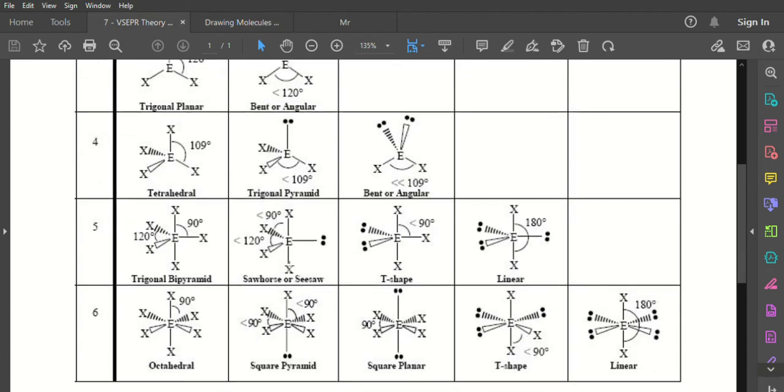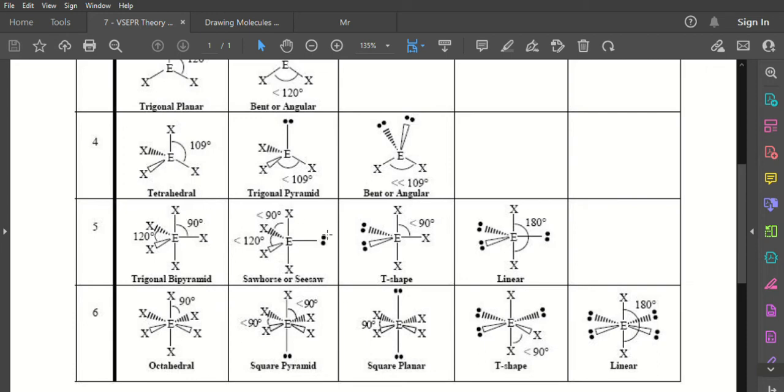Things get crazier when we get to 5 or 6 electron groups. So we saw this written in a sphere and it made it a lot easier to look at. But here are your axial bonds going up and down, and these ones are the equatorial ones. And so we've got 2 different bond angles now, the 90s if we're going between axial and equatorial, and 120 for anything in the equatorial positions.